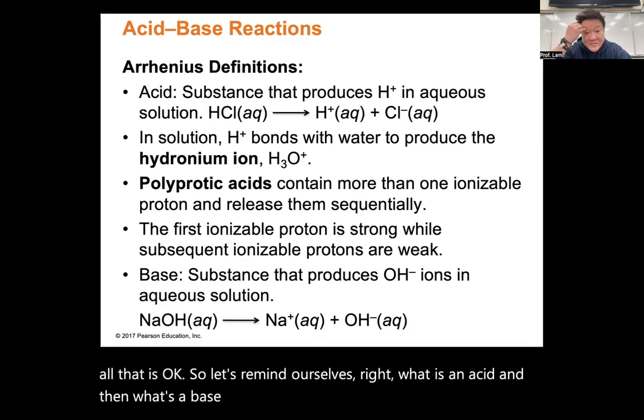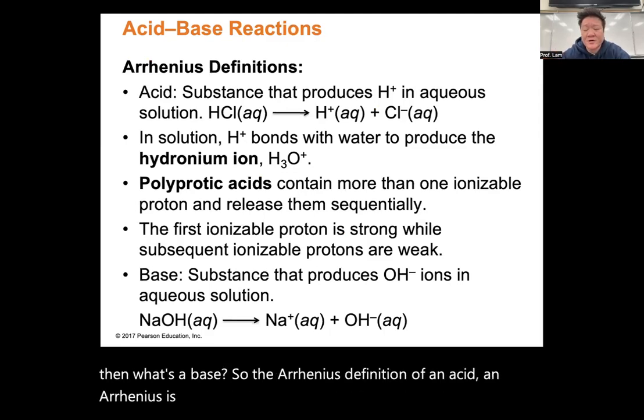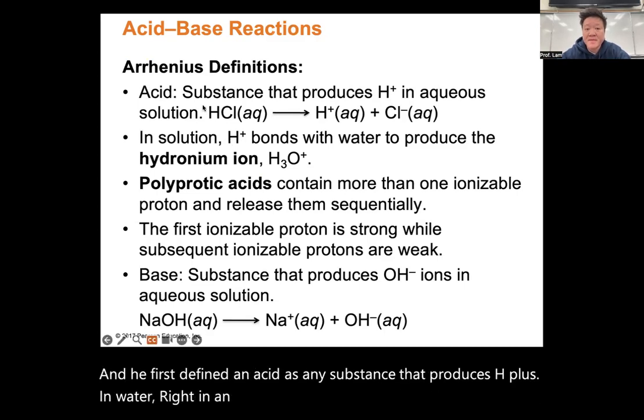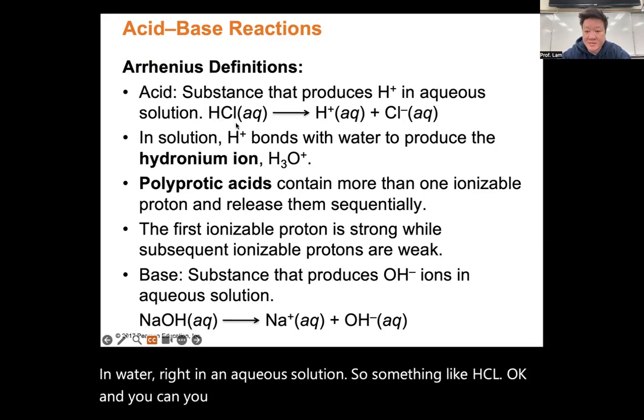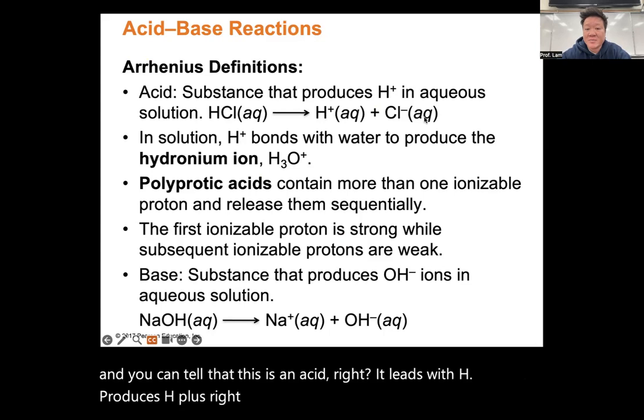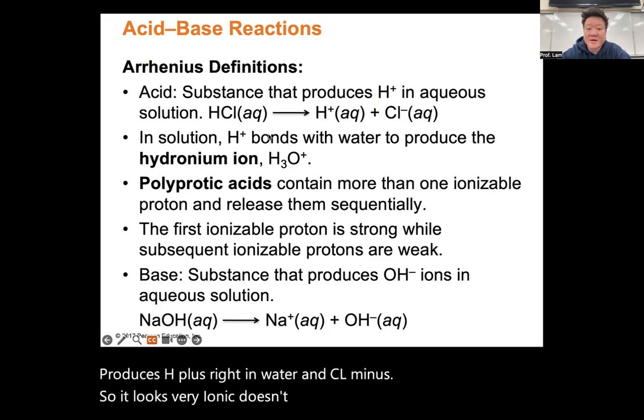So the Arrhenius definition of an acid, and Arrhenius is basically the grandfather of acid-base chemistry, he first defined an acid as any substance that produces H plus in water, in an aqueous solution. So something like HCl, and you can tell that this is an acid. It leads with H, produces H plus in water, and Cl minus. So it looks very ionic, doesn't it? A cation and an anion.